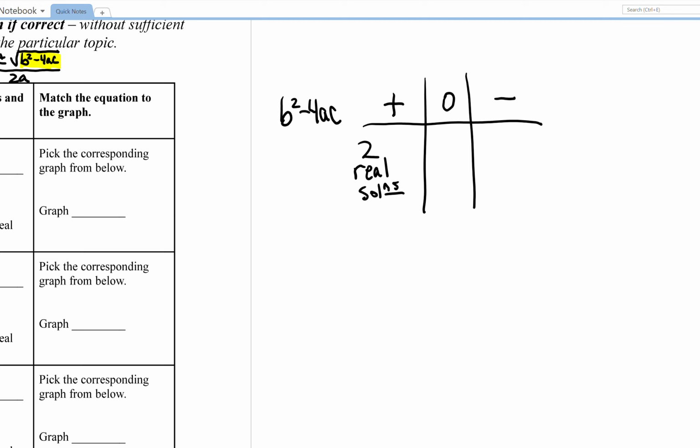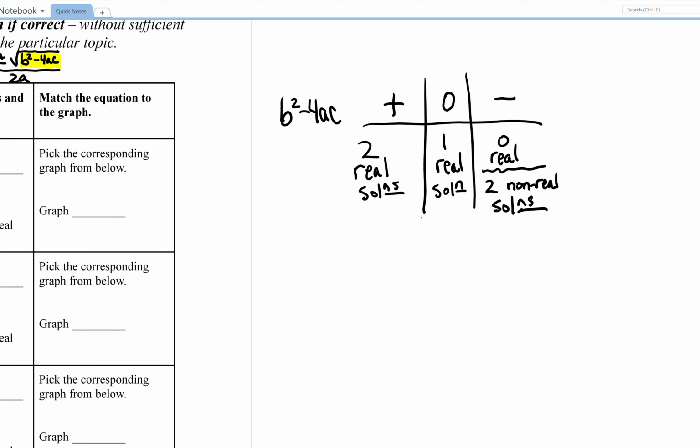And if it's 0, you're going to have 1 real solution. And if it's negative, you're going to have 0 real, but 2 non-real solutions.